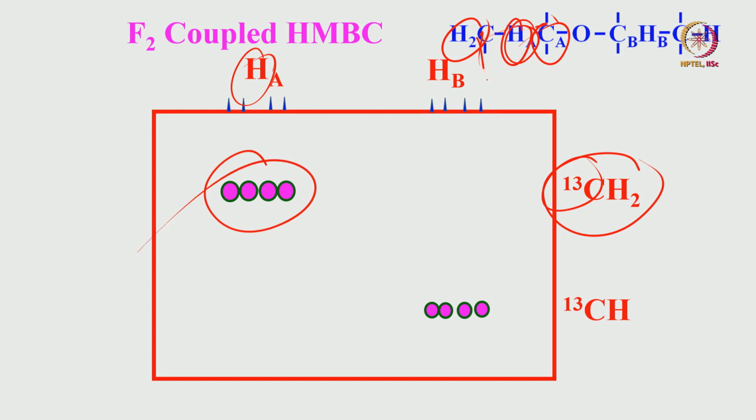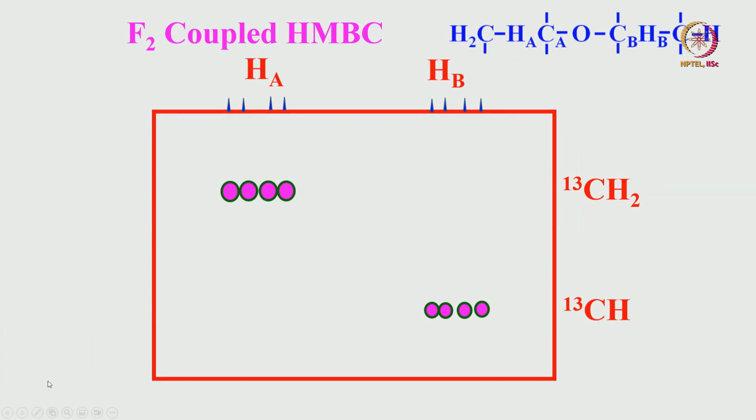Of course, CH coupling is also there, and because it is F2 coupled, you also have HH coupling. HH coupling is a doublet because of this proton. That you should remember. We are seeing this carbon, which has a long range correlation to this, and this CH2 proton is a doublet because of HA. This is what you are going to see.